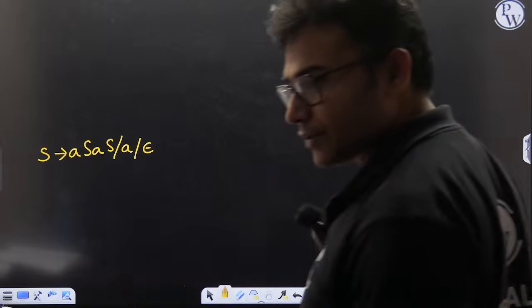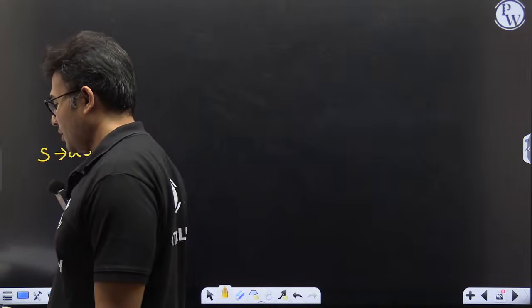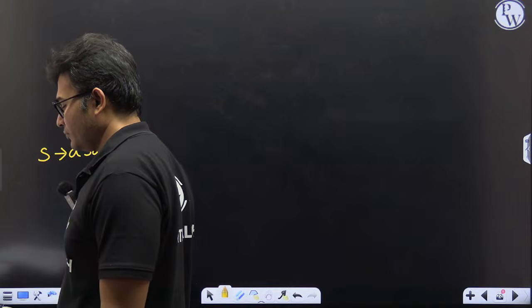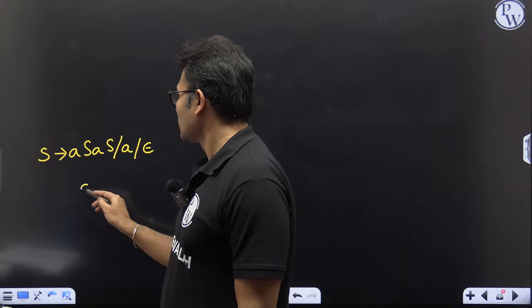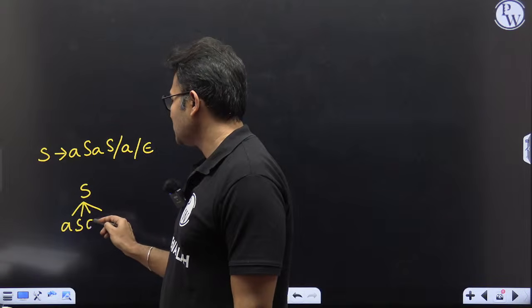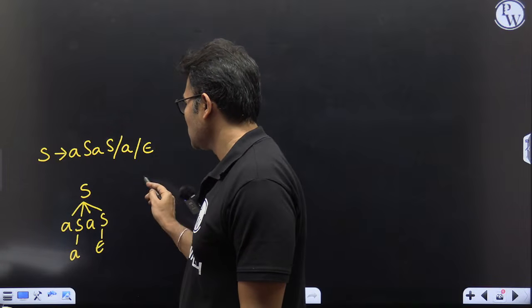This grammar is ambiguous. So how is this grammar ambiguous? S derives AS. Here S may derive A, and this may derive epsilon.